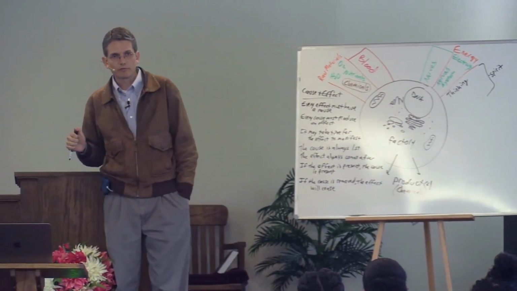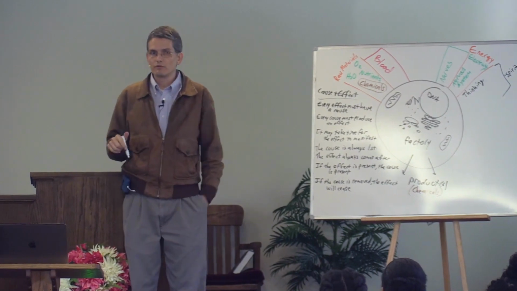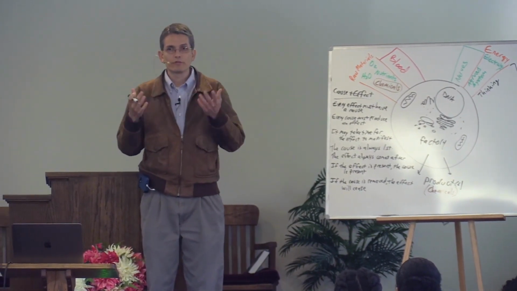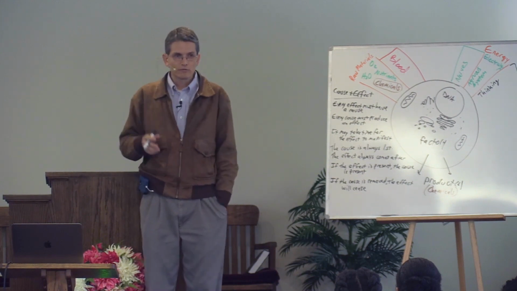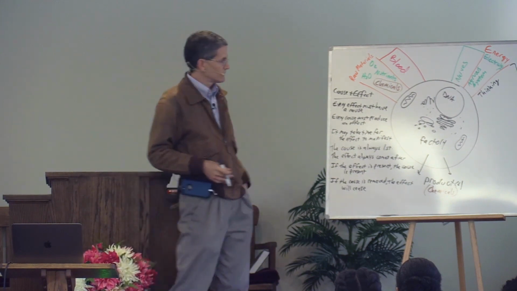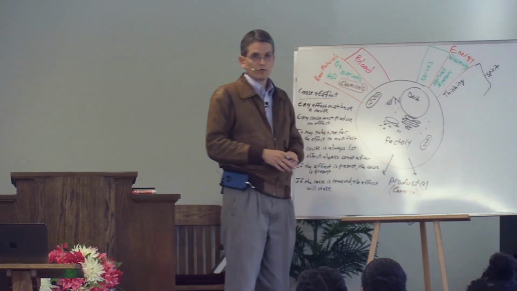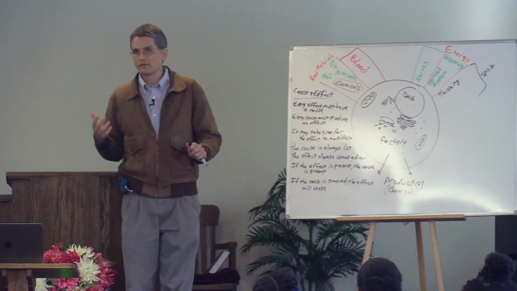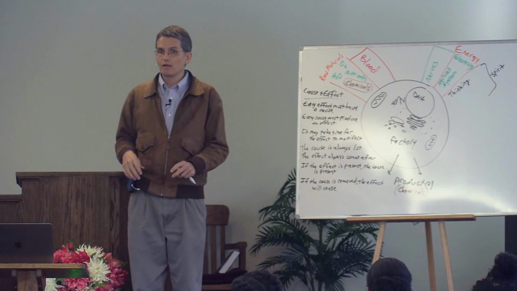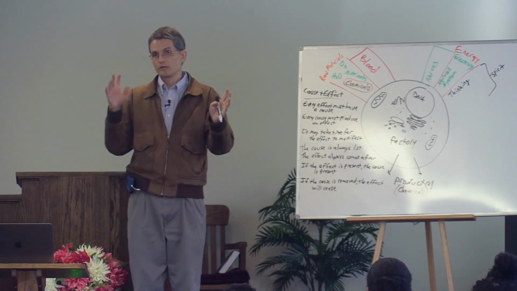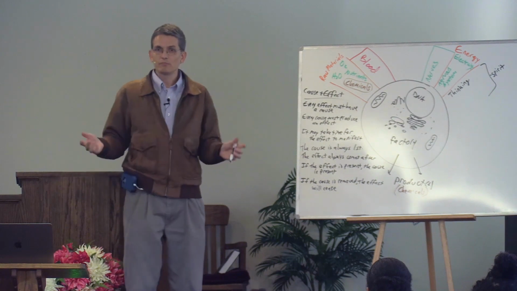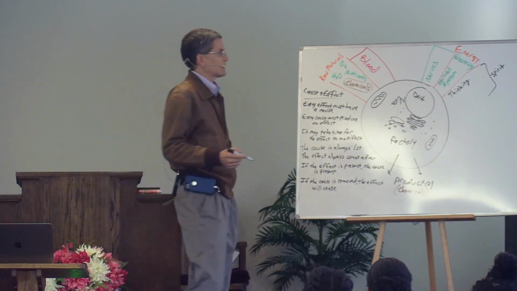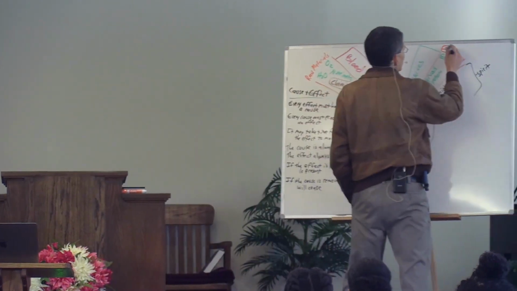Genesis 2 and verse 7. God formed man out of the dust of the ground, breathed into his nostrils the breath of life, and man became a living soul. Right? So God took dust, the body, he breathed into its nostrils the breath of life, the Spirit, and when the combination of the body and the Spirit came together, there was the living soul or the living being.